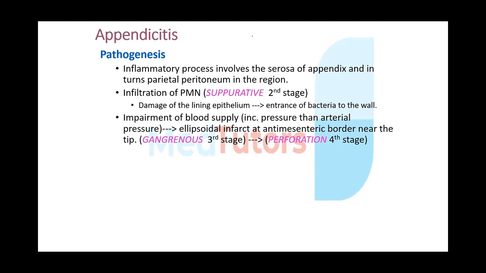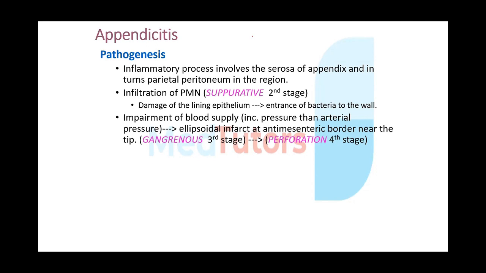Now, impairment of blood supply, as we mentioned, there's increased pressure which exceeds the perfusion of that appendix. Then there's ellipsoidal infarct at the antimesenteric border near the tip, and it progresses to gangrenous stage, and ultimately there is perforation.